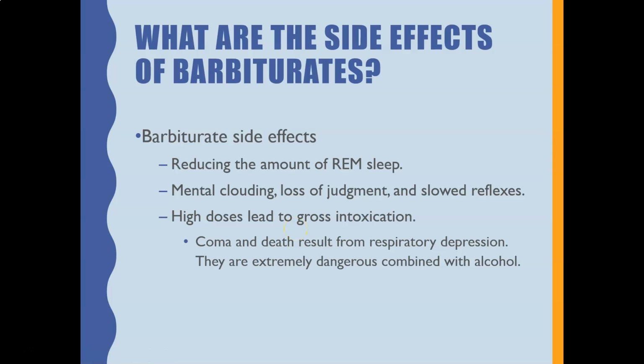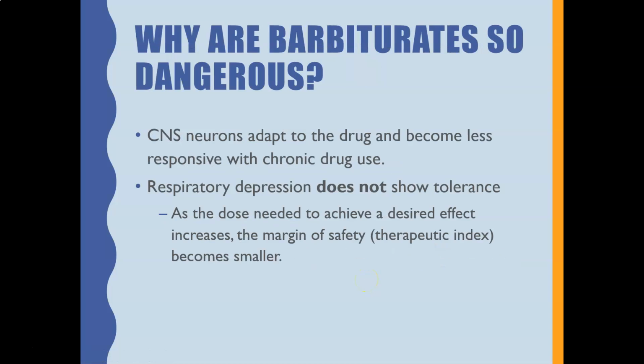Remember, these are central nervous system depressants, so they work similarly to how alcohol works in very high doses. Coma and death will result from respiratory depression. Do not combine them with alcohol. They do the exact same thing. So when you put them together, it enhances the effect of both.